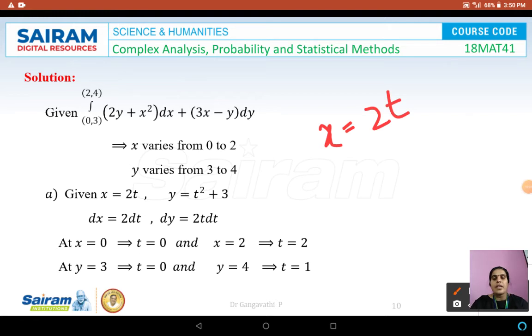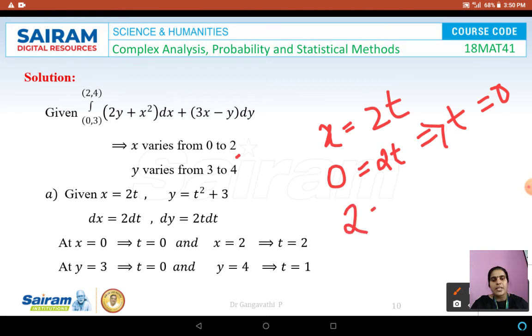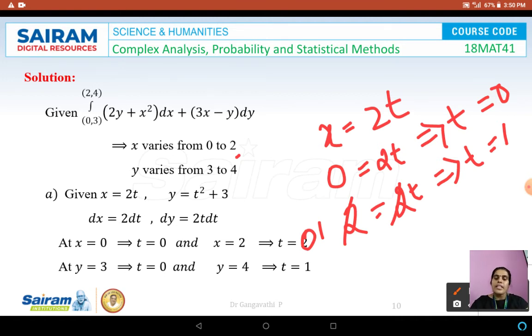So when x is equal to 0, 2t will be equal to 0, which implies t is equal to 0. And when x is equal to 2, the upper limit, I'll substitute x is equal to 2 here. 2 is equal to 2t, which implies 2 and 2 get cancelled. t will be equal to 1. And now let us evaluate for y.